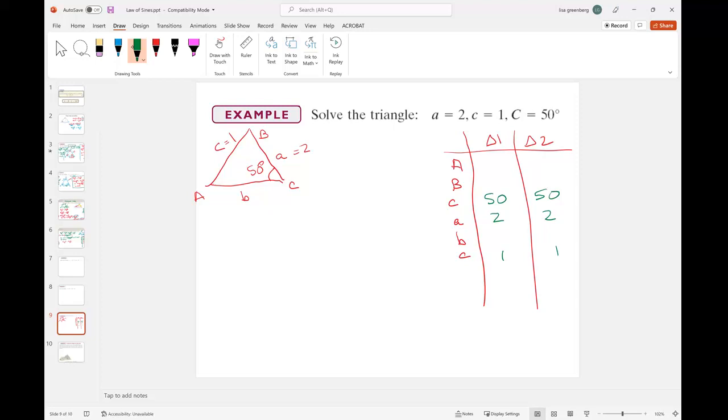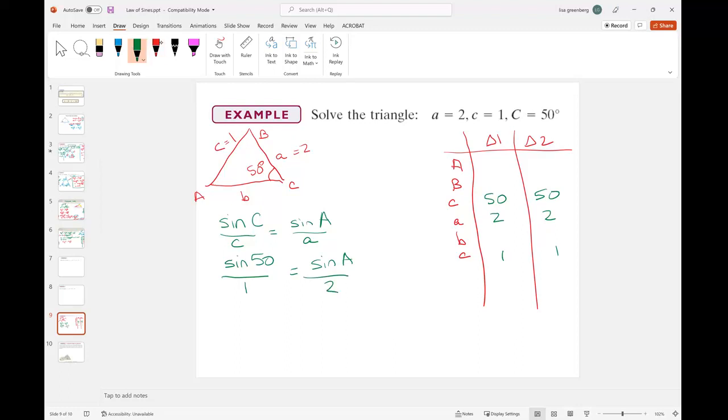So I'm going to start with C, because I have both variables for C. So I have sine of C over C is going to equal, and I have one variable for A, so let's do the sine of A over A. If I plug in my values, I get sine of 50 degrees over 1 is equal to the sine of A, which I do not know, over 2.